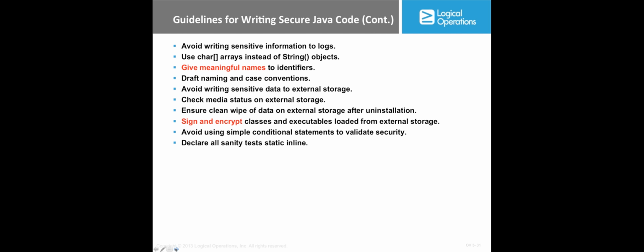Now the last one I thought I highlighted, but I guess I missed that one. Declare all sanity tests static inline, right? That to me is just one of those. Yeah, that makes perfect sense. Essentially, does it pass the laugh test?